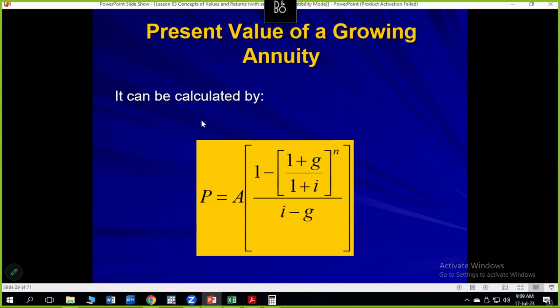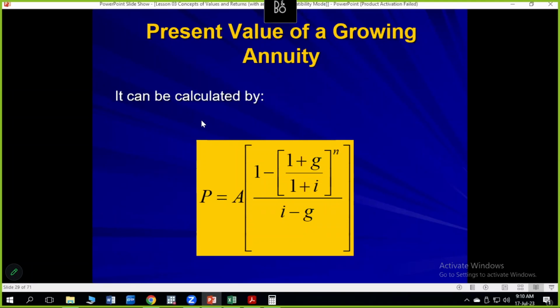You can ask what is g? g is called the growth rate. i is the interest rate. A is the annuity. You want to find out the annuity of every year. That is not given. Only the growth rate will be given.